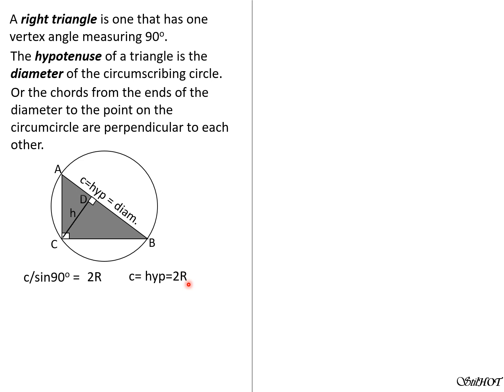And by similar triangles, in this case, we show that H is the mean proportional between the portions of the hypotenuse it cuts.